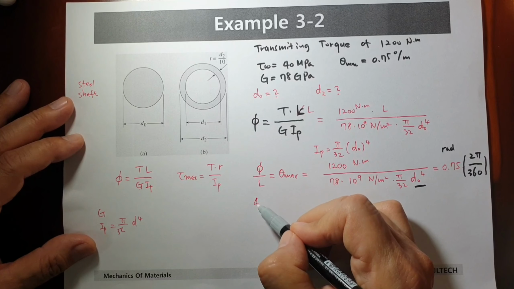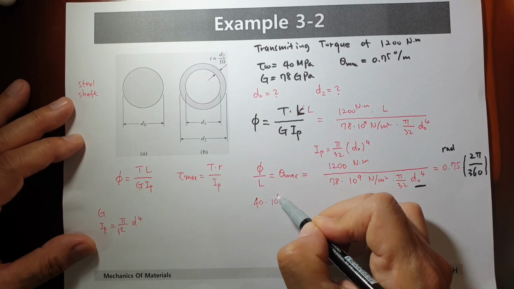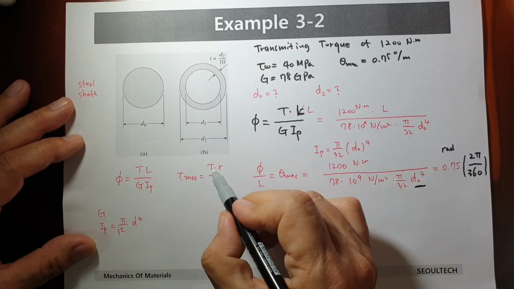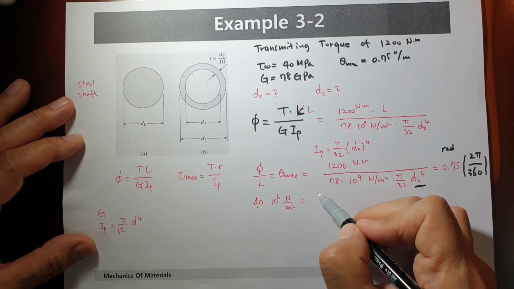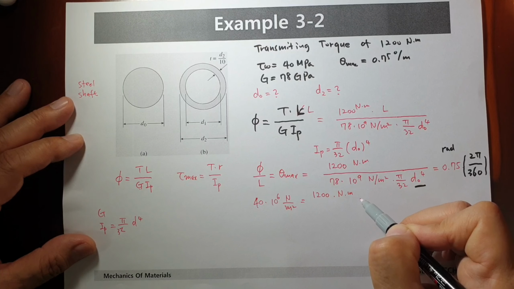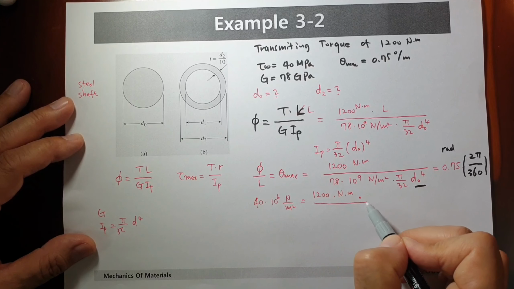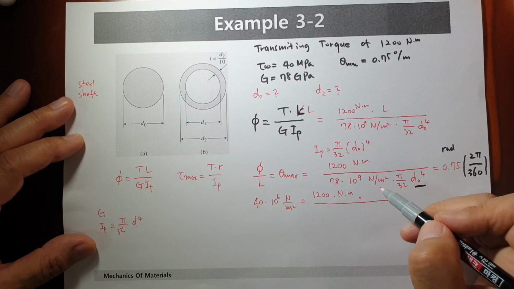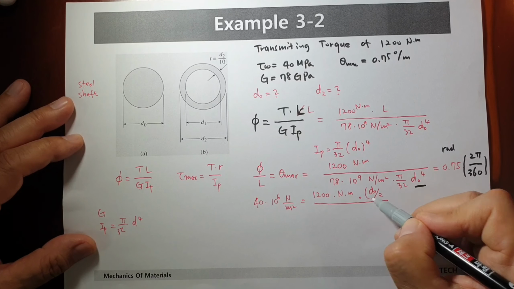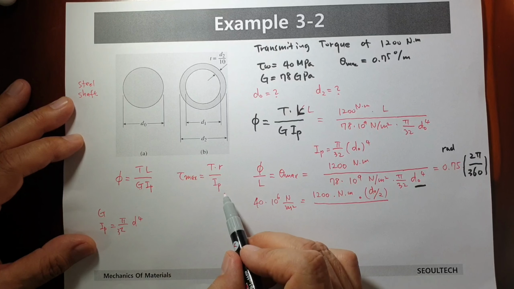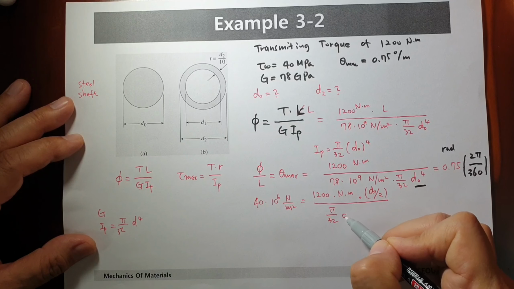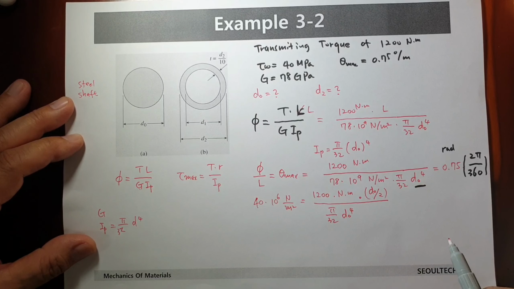Here 40 megapascal, 40 times 10 exponential 6 Newton per meter squared, equals T, transmitting 1200 Newton meter, multiplied by radius R. R we don't know, let's say D outside divided by 2, and IP, if all calculated, 5 over 32 D4.